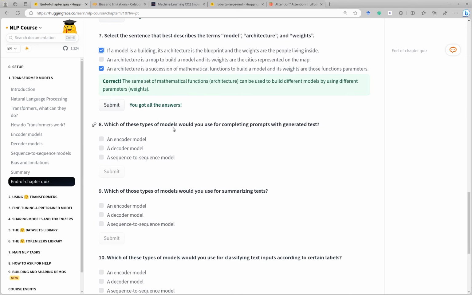Which of these models would you use for completing prompts with generated text? For generating text, we use a decoder model, as the encoder model is for classification tasks and sequence-to-sequence is mainly used for summarization.